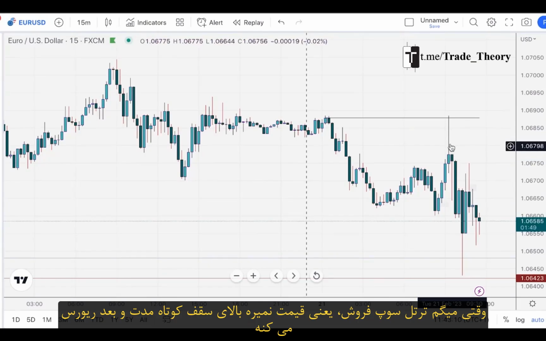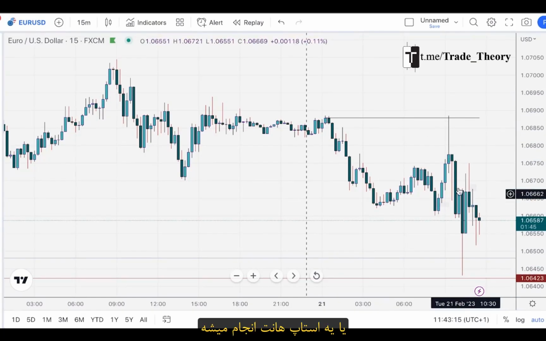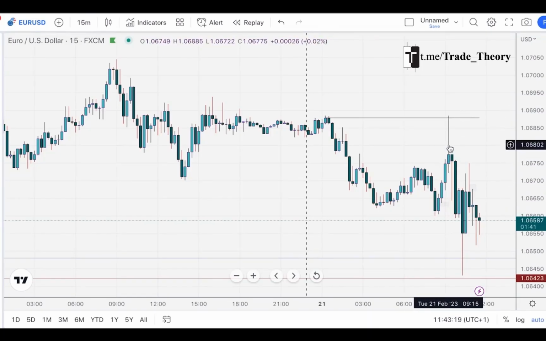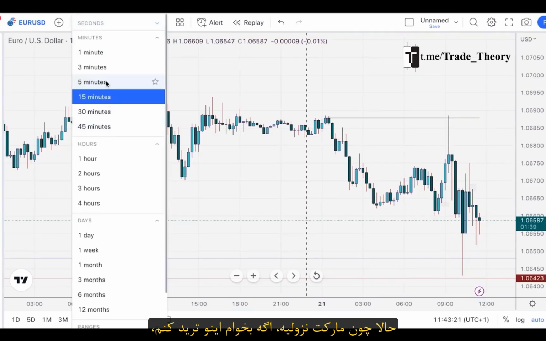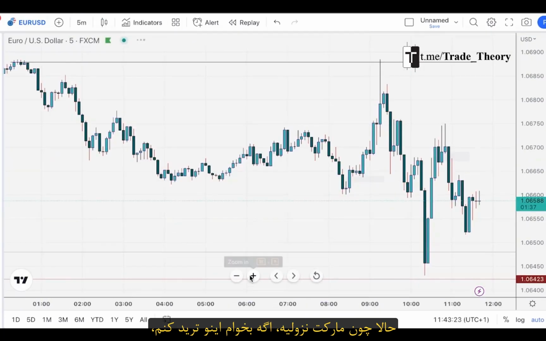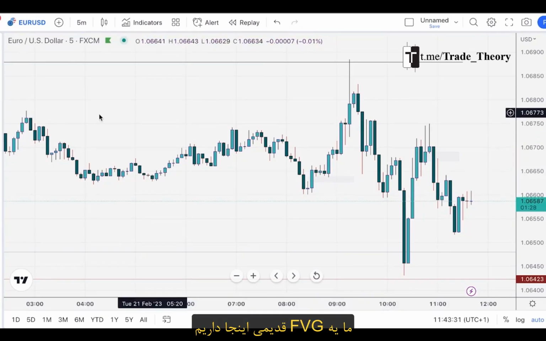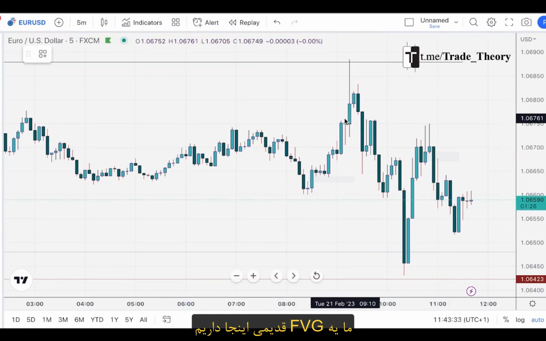So when I say turtle soup short, I mean it runs above a short term high and then reverses, or a stop run, as you guys like to call it, right? So now because I'm bearish, if I was to be trading this, once I see this run lower and run below a short term low, automatically I'm looking to short, and we have an old fair value gap here.